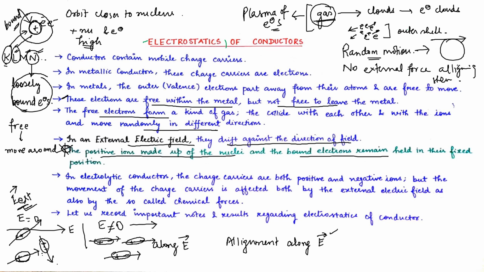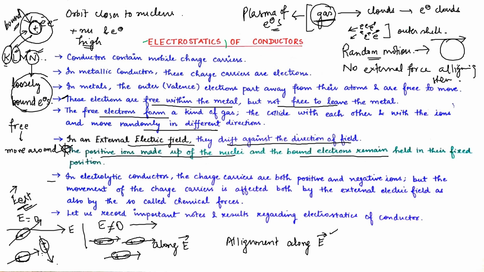Make a note of this point: the positive ions which make the nucleus and the bound electrons near the nucleus, held by the attractive forces of the nucleus, will be fixed in their position. Only the loosely bound electrons will drift along the direction of the external electric field that's been provided by us.